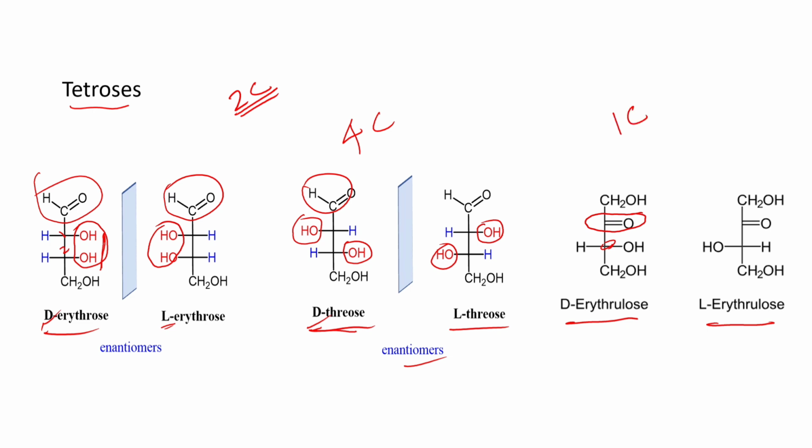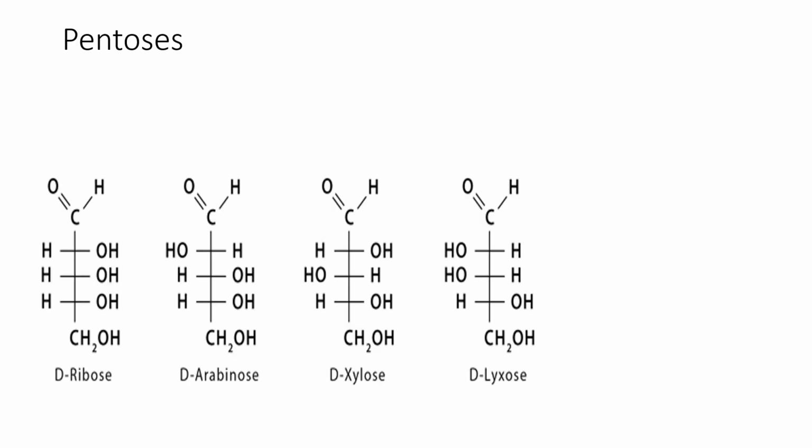Now coming to the pentoses. Pentoses are carbohydrates. They contain 5 carbons. These are the aldopentoses. Aldopentoses means it contains an aldehyde group, and 1, 2, 3, 4, 5, 5 carbon compounds.